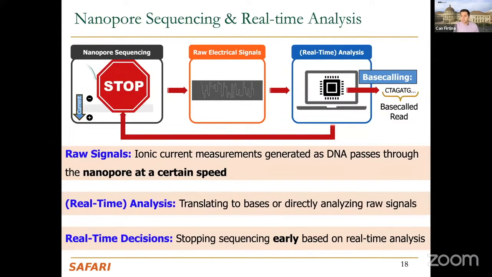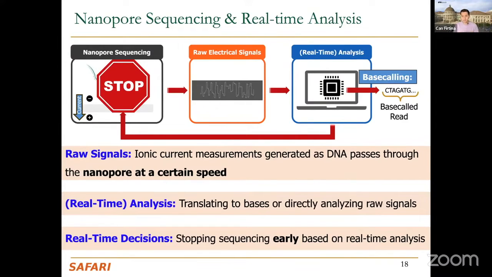So in the middle, we can tell the sequencer, all right, we don't want to sequence that read anymore because now we found an answer to our question. For example, whether this read is coming from COVID or not, and I don't want to sequence it anymore because this is just a waste of time and waste of resources for me.